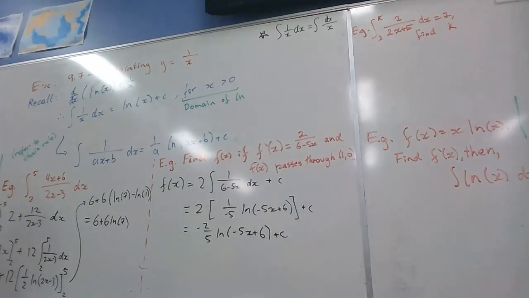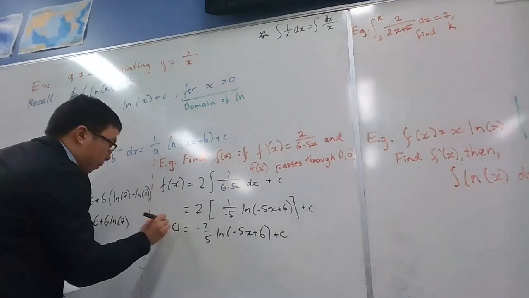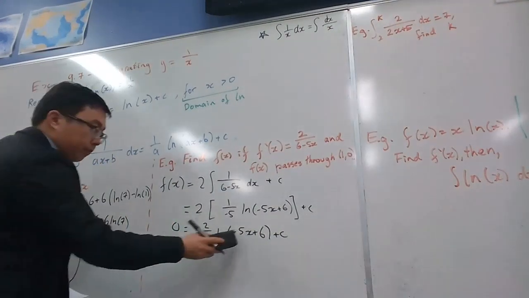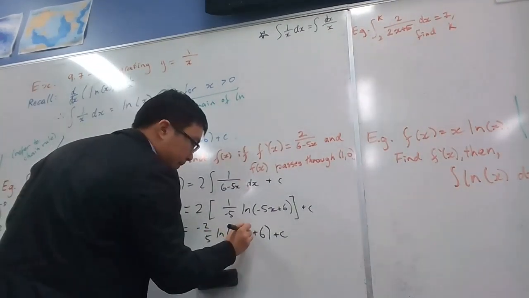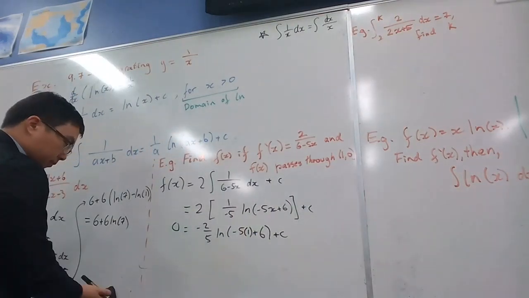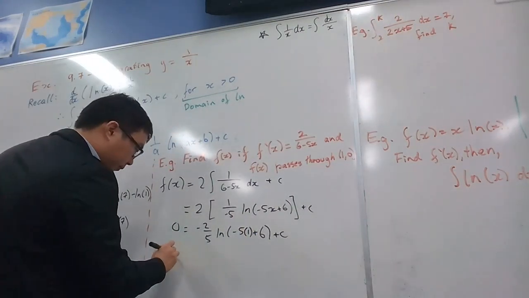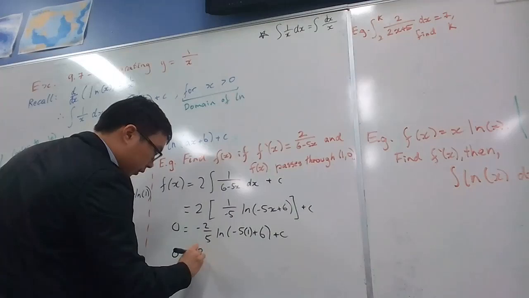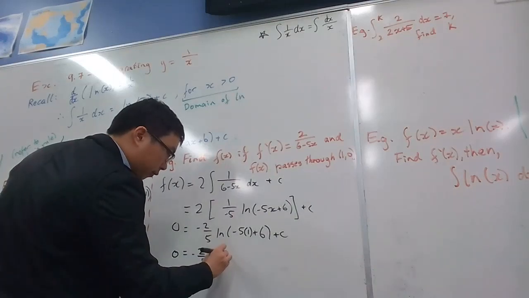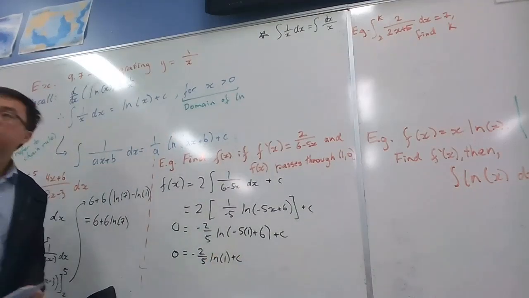It says here f of x passes through (1, 0), which makes sense for me to say that when I substitute points, I end up solving for c. So I'm going to put 0 here, and I'm going to replace the x with a 1, which gives us 0 equals negative 2 over 5 ln of 1 plus c.